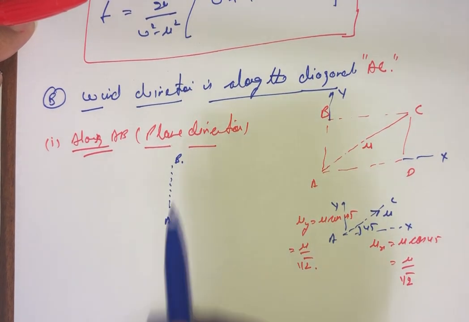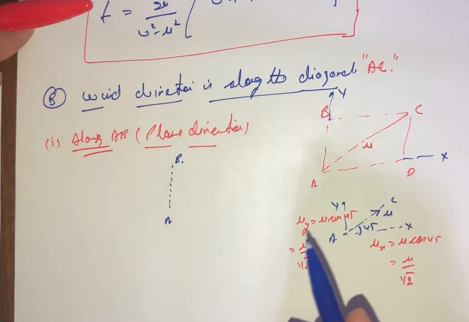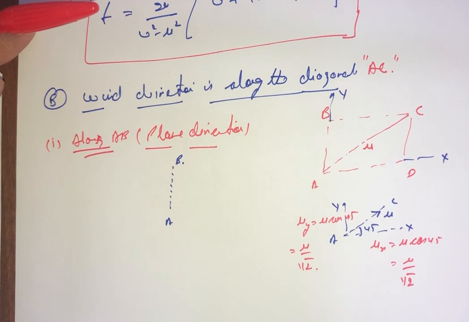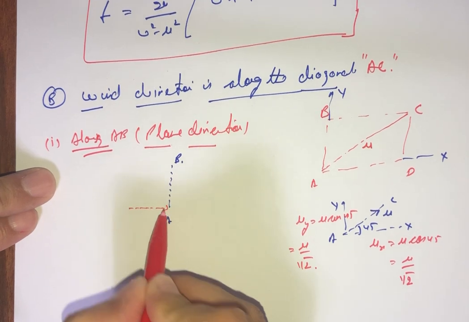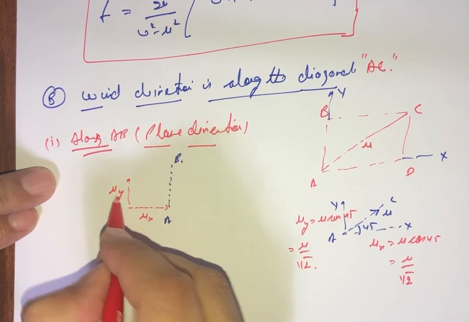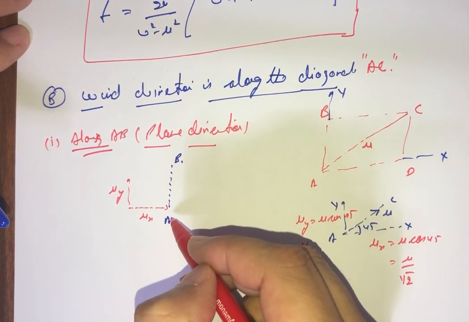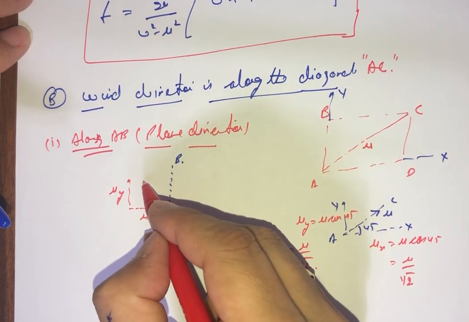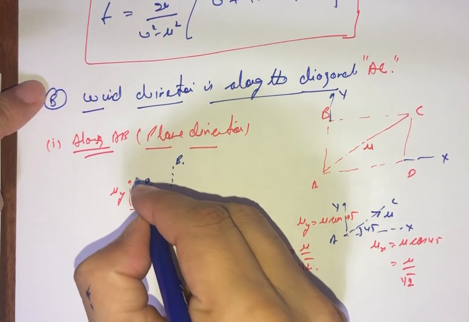Okay, so the wind direction is at an angle of 45 degree, so it is always going to have two components. Okay, one component will be in this direction, that is ux, and another component will be in this direction, that is uy. So if you want that a plane should actually be flying in the direction of AB or along the side AB, its actual flying direction will be this one, in this direction, B prime.